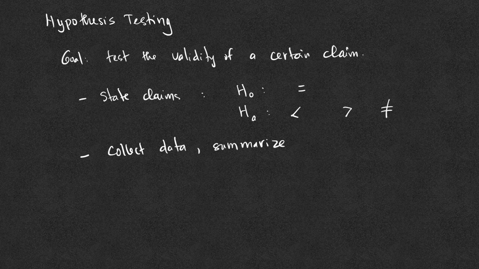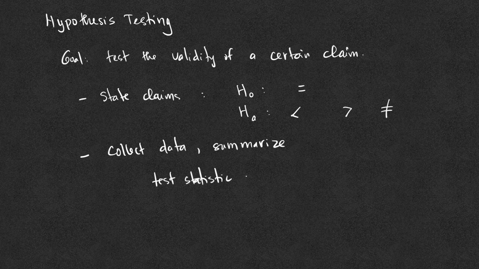And one way to summarize the data is to compute the test statistics. Before we compute the test statistics, we will need to check the conditions, whether it is okay to use such a procedure.